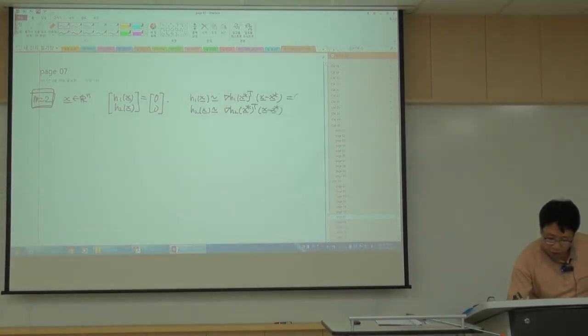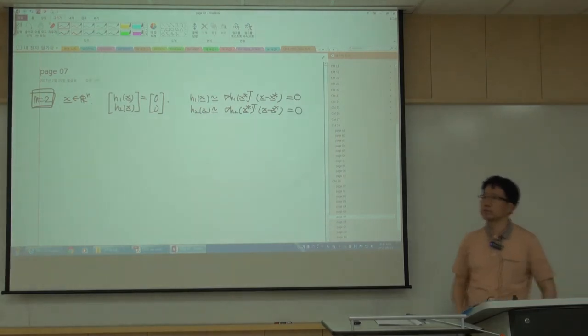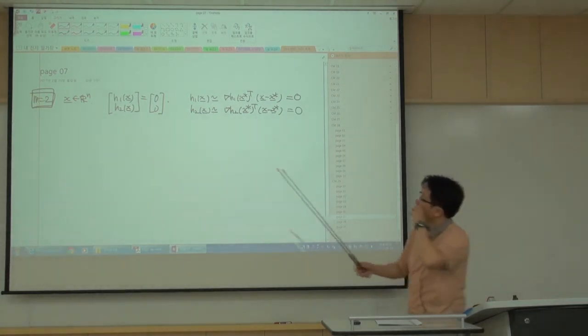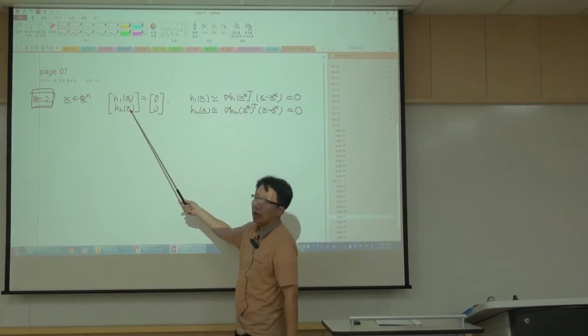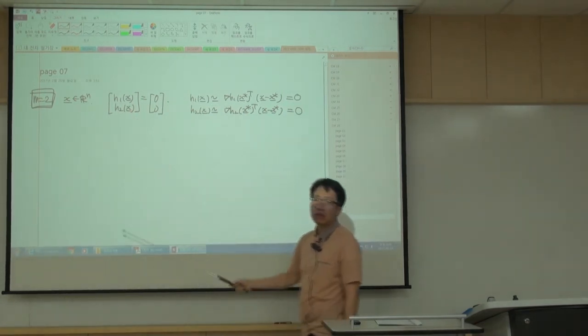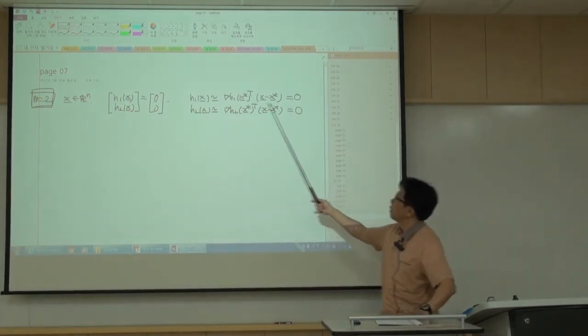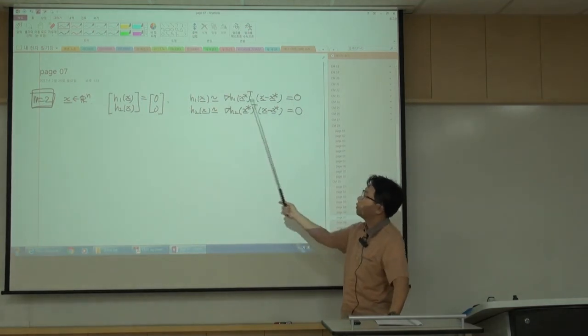Now we set this equal to 0, and this equal to 0. So at around x equals x star, our constraint set must satisfy this condition and that condition.